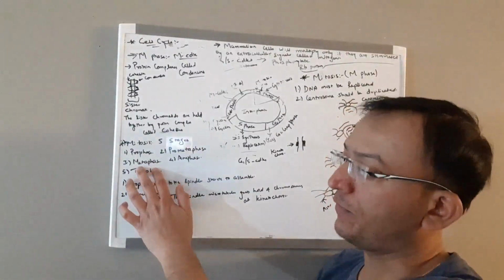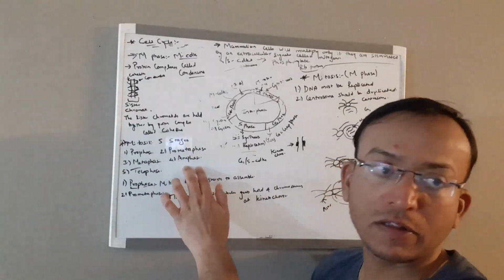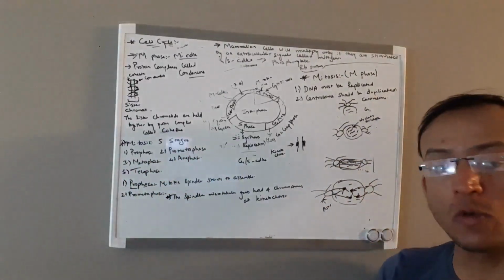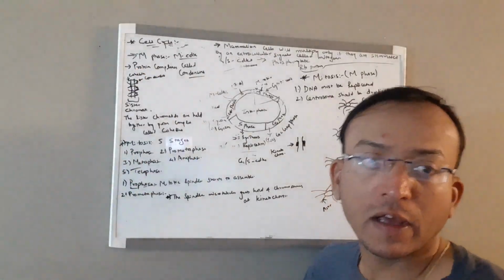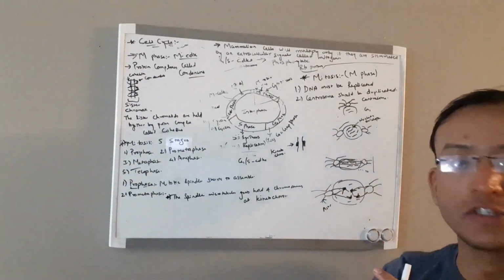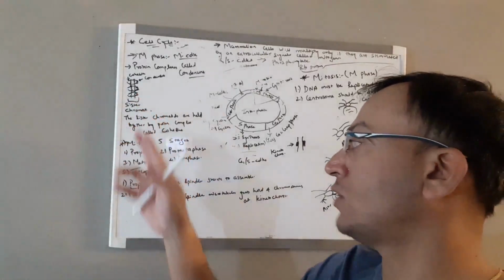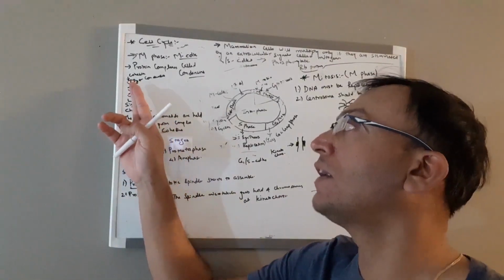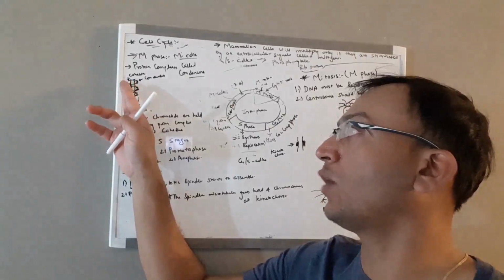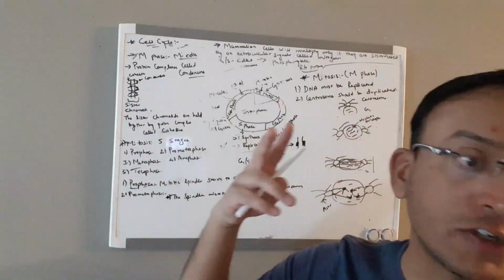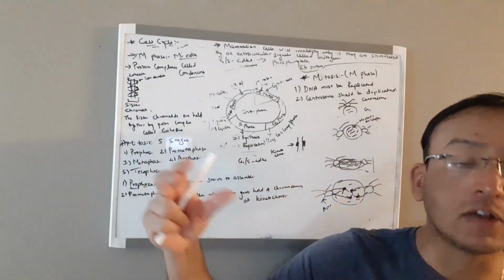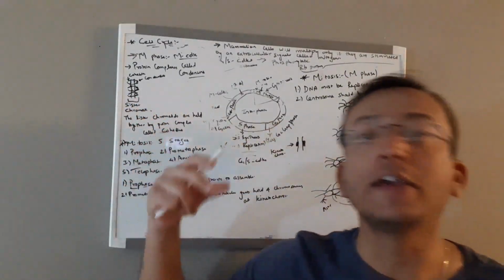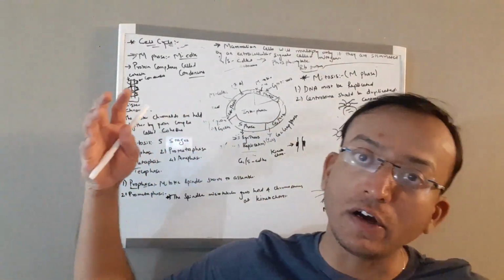Alright, so that was metaphase, and after metaphase there is anaphase. Anaphase begins abruptly with the breakage of the cohesion linkage that holds the two sister chromatids together. This releases each chromatid, now considered a chromosome.